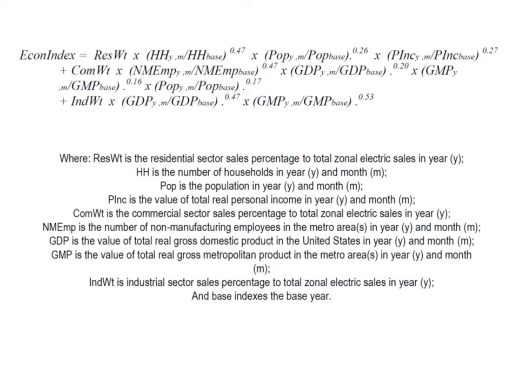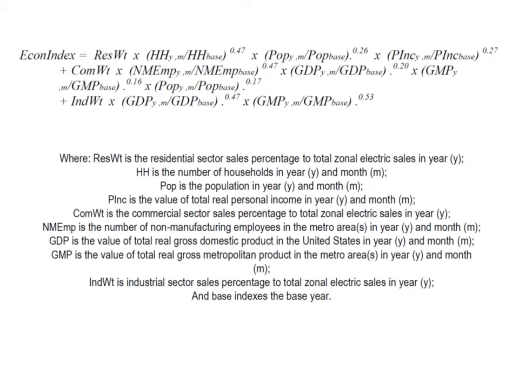So all of these economic indices, whether it's GDP or population growth, stuff like that, all gets put into this formula for just a composite economic index that represents the macroeconomic conditions in a given region of the country.